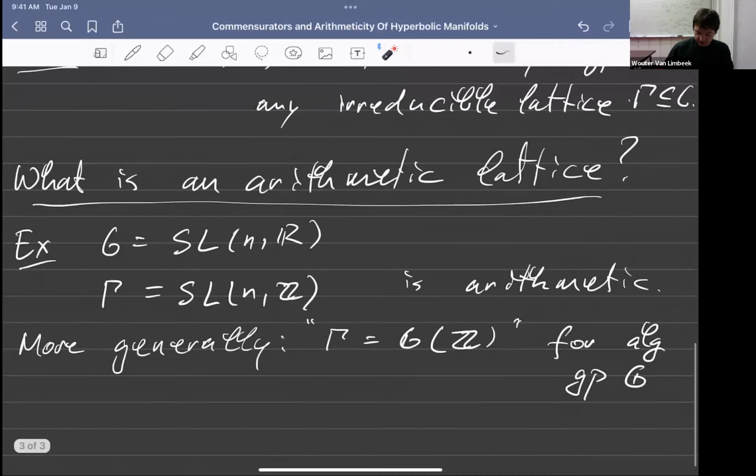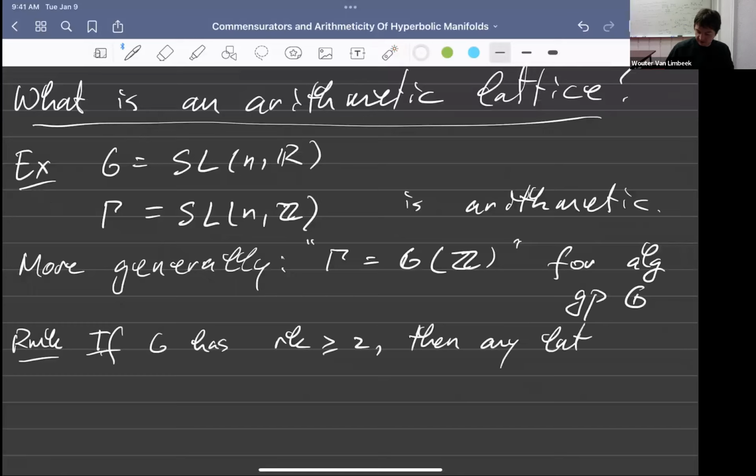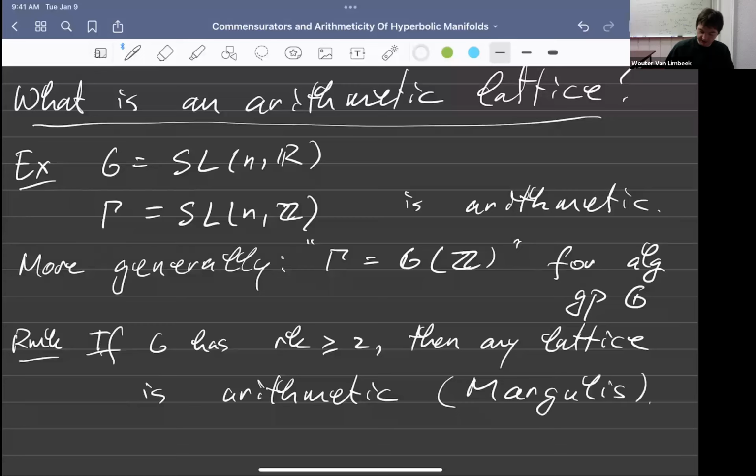Okay, I should say that for many Lie groups G, so if G has rank at least 2, whatever that is, then any lattice is arithmetic. This is another closely related theorem of Margulis, closely related to the one that I just stated.